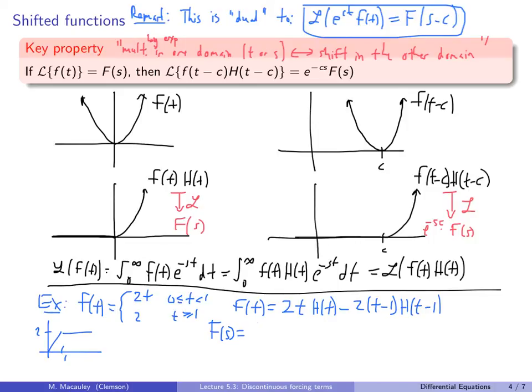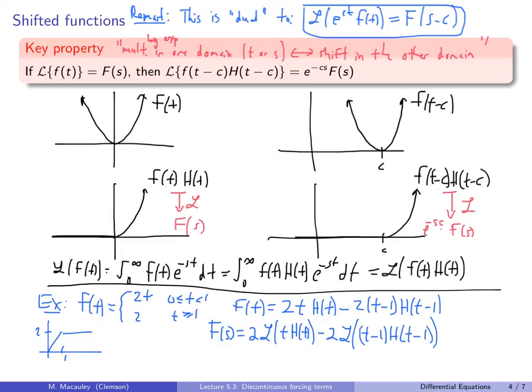So this is 2 times the Laplace transform of t h of t minus 2 times the Laplace transform of (t minus 1) h of t minus 1.